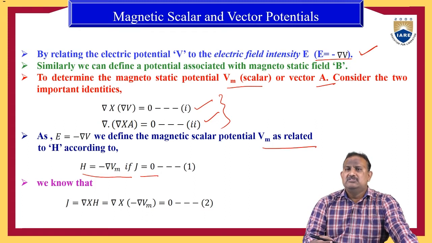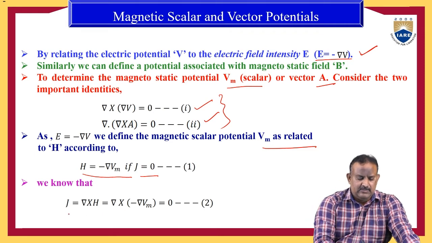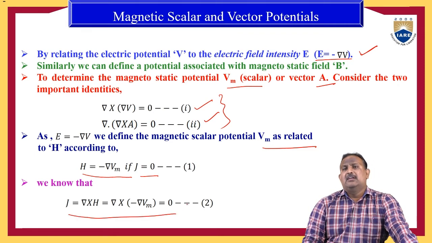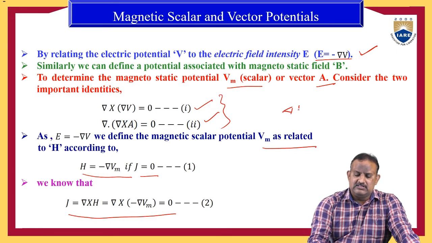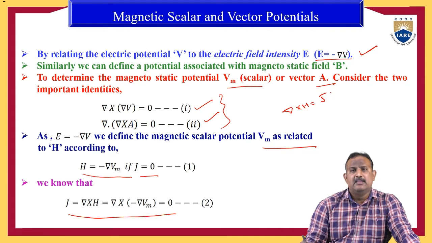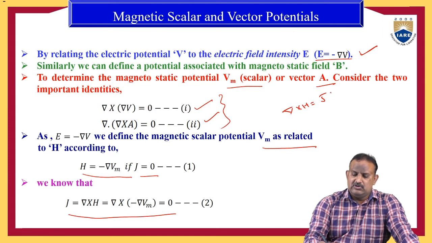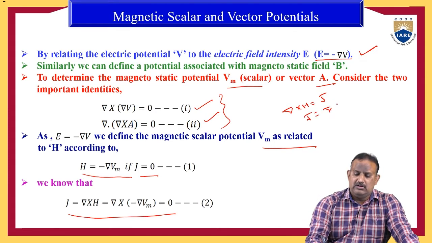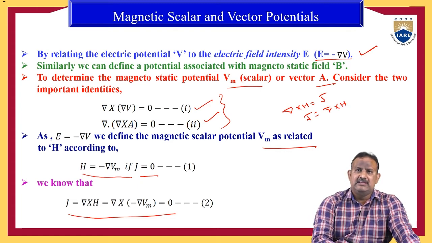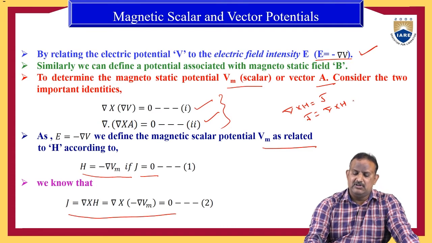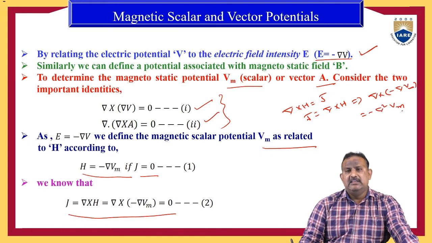So why we need to assume J equal to 0, we will see. We know the Maxwell equation for magnetic fields: del cross H is equal to J. In place of H, we assume the scalar potential, so it is del cross minus del Vm, which becomes minus del square Vm.